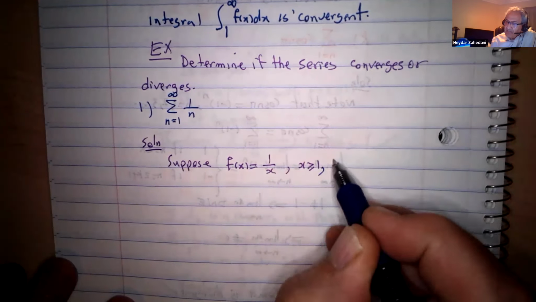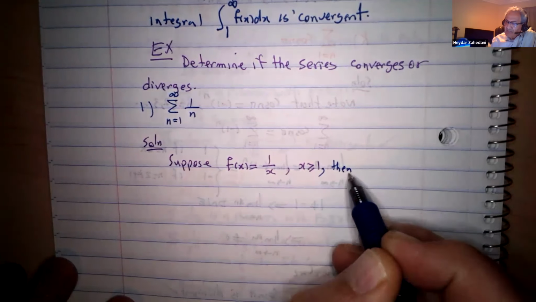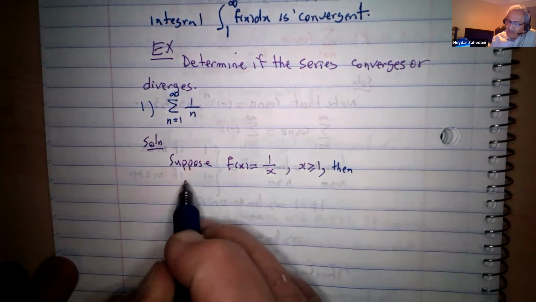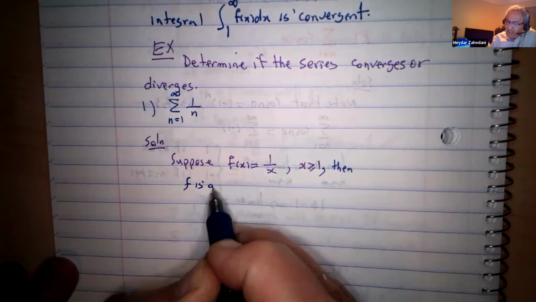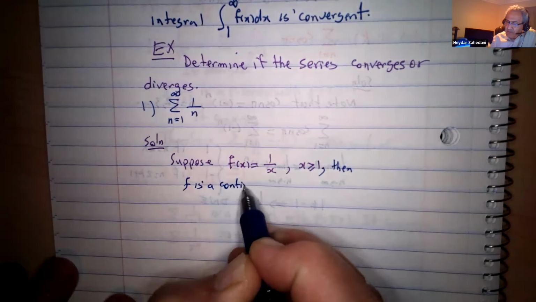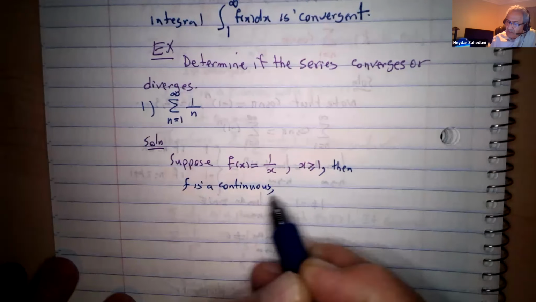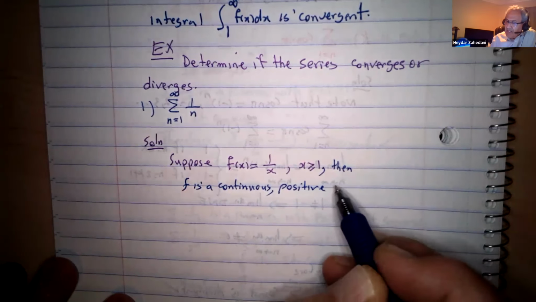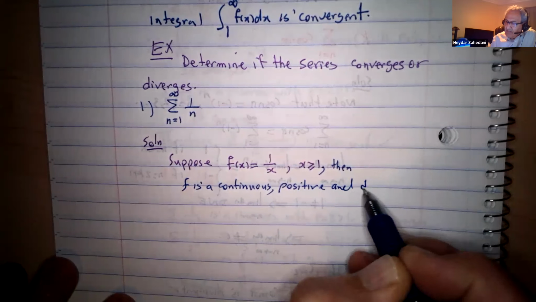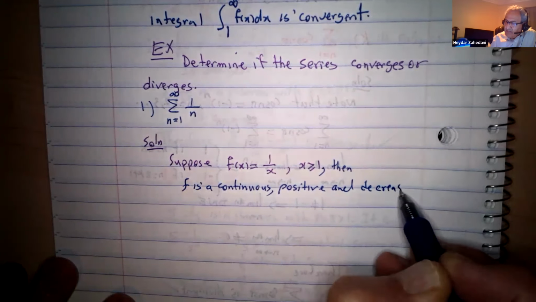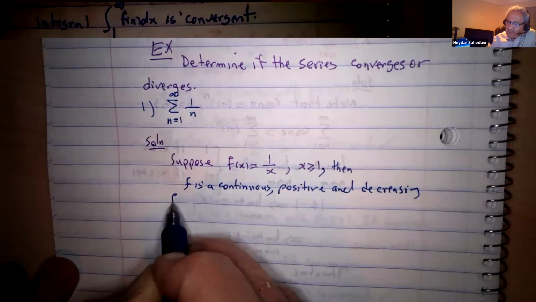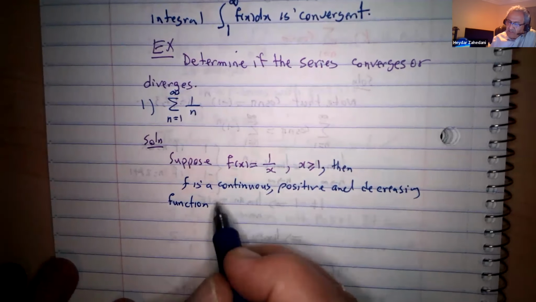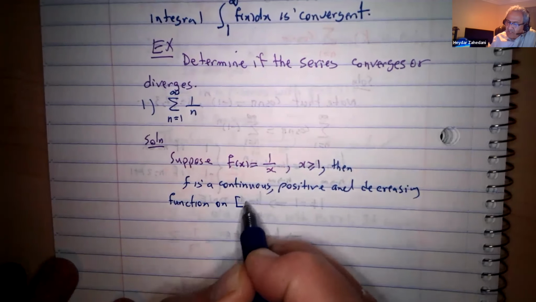Sometimes you have to explain it and tell us the condition. So we say that f is a continuous, positive, and decreasing function on the interval of 1 to positive infinity.